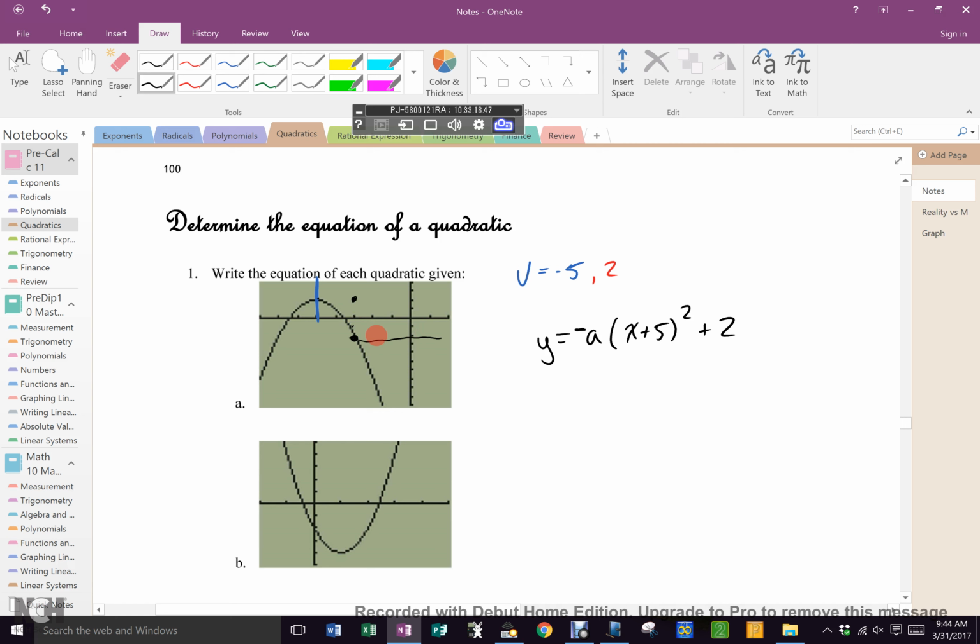So it's a normal parabola, yes? There's no stretch. So do I need anything for A? No. So it's y equals negative x plus 5 squared plus 2. Is everybody good? The reason I'm going quickly now is because this is something you already know. This is just vertex form. Everybody okay? All right. You guys try B.